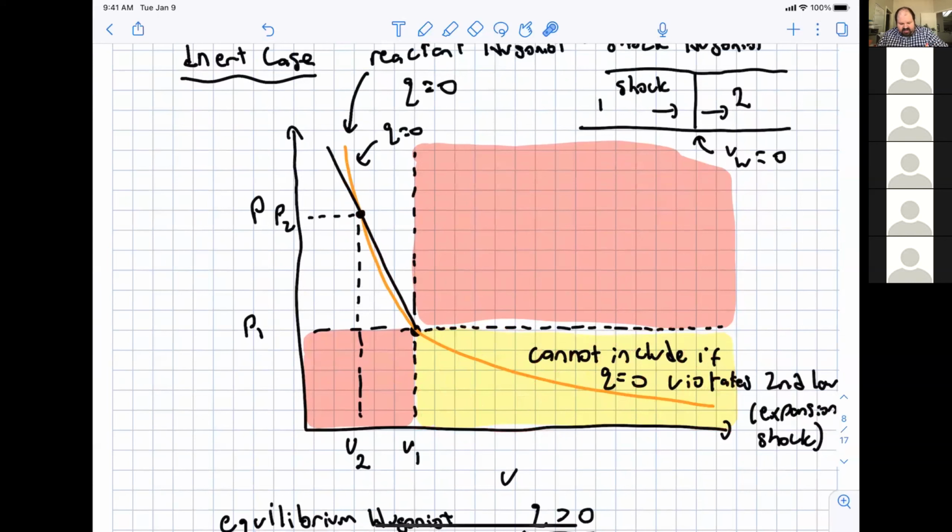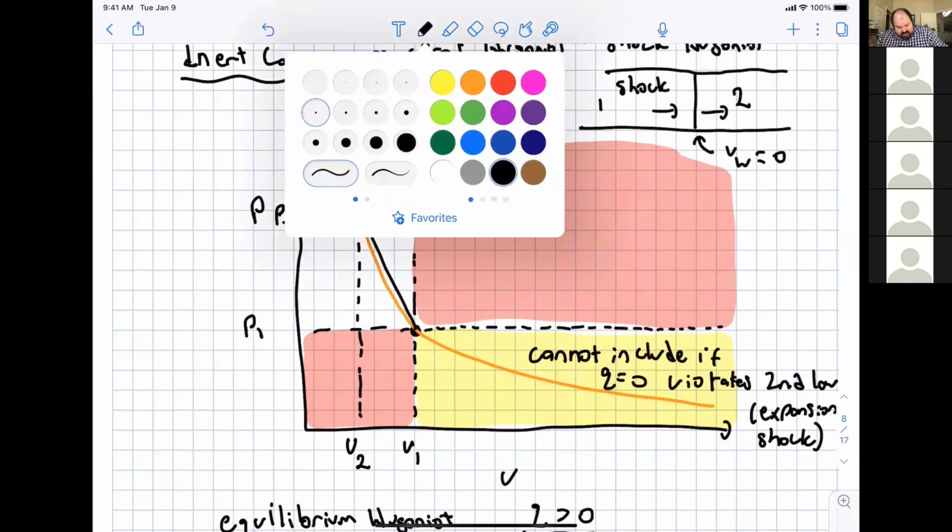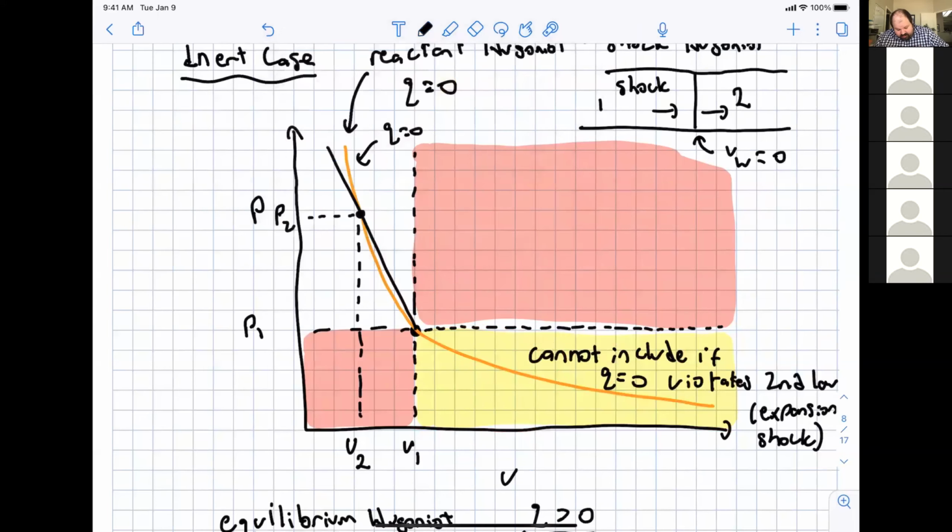So this curve here would imply that you have an expansion shock with strict Rankine-Hugoniot. What you would need to do to fix this, to extend our theory for an inert case with Q equal to 0 in this branch over here, is replace this curve with an isentropic expansion curve.